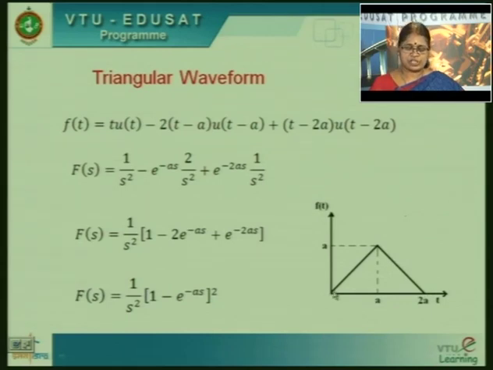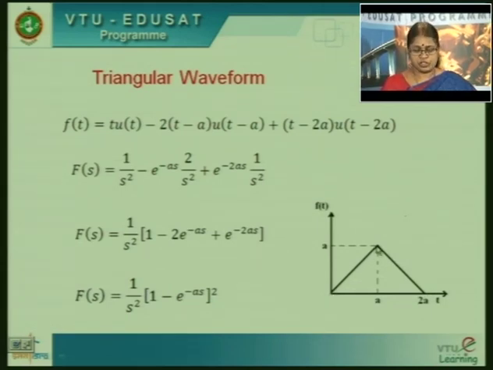So, first I should start with a ramp with positive slope of value 1, then at this instant of time I need to add another ramp with slope minus 2, and again at this point I need to add a third ramp signal whose slope is again 1.